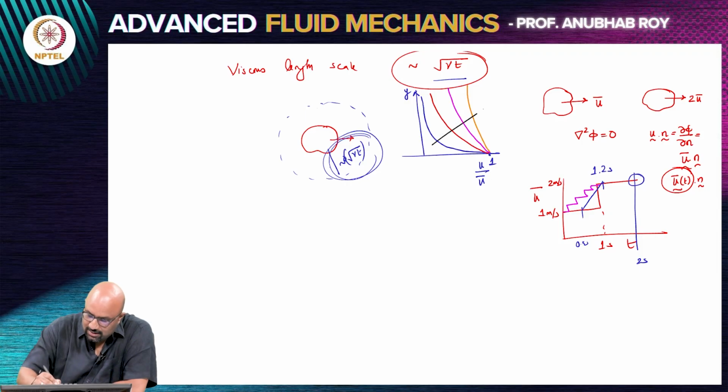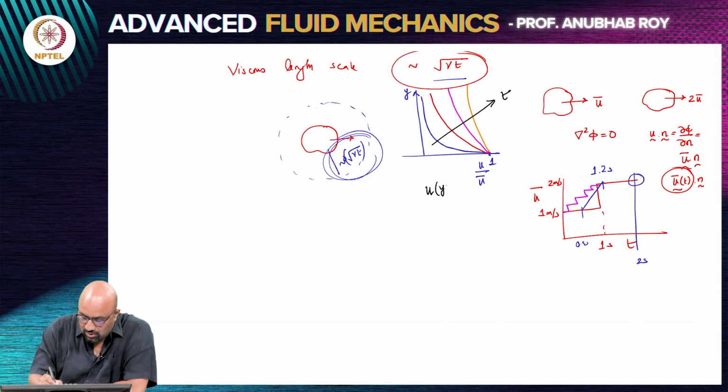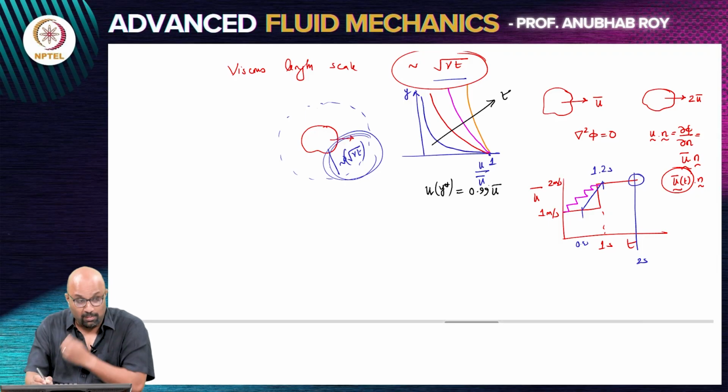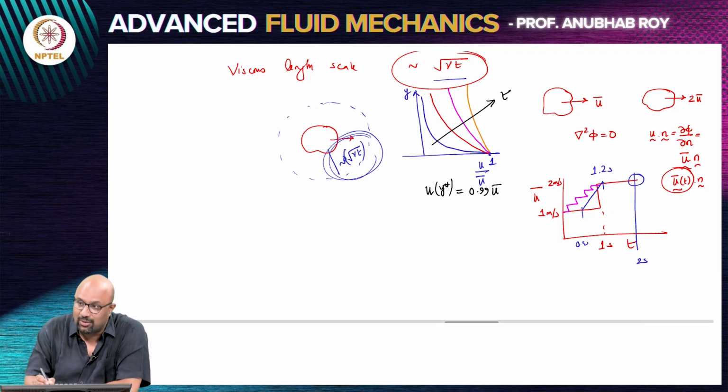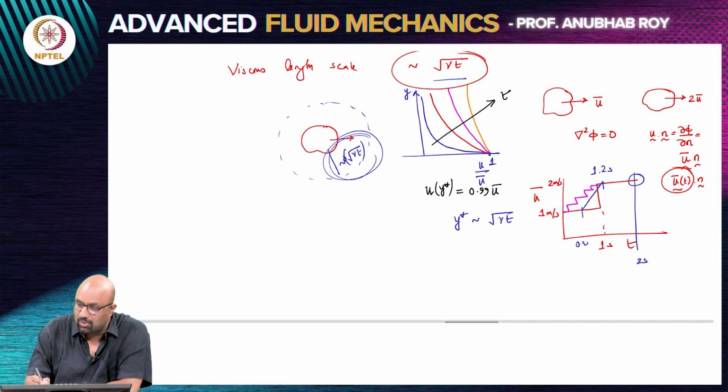The difference is that as you evolve in time, you ask where do I find the fluid moving with, let's say, 99% of the plate velocity. So u of y star is equal to 0.99 of u bar. What is that location y star? You can find that location, and y star is going to grow as square root of nu t.